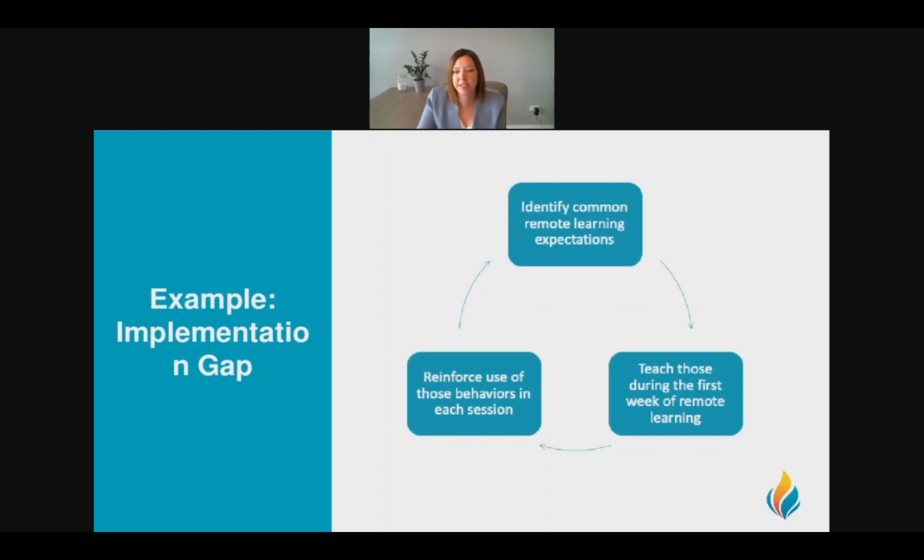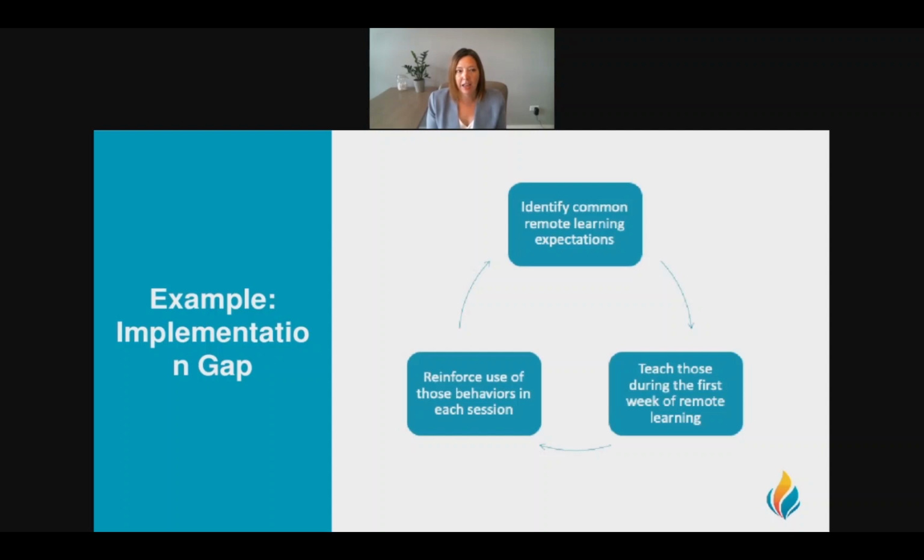So here's an example of an implementation gap. In this case, it's a social emotional behavior example. I can identify common remote learning expectations. Maybe being respectful is one of our school-wide expectations. In a classroom setting, we may have specific examples of what that looks like, and we teach those to students remotely.